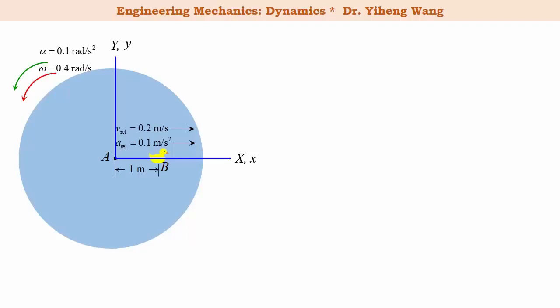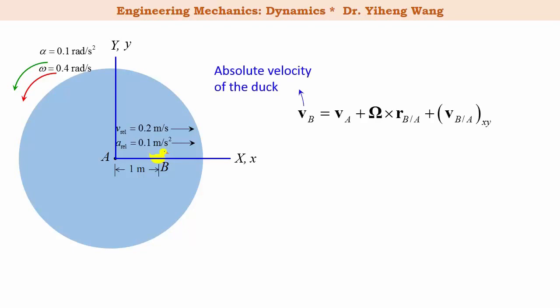You can imagine a moment later, the rotating frame will no longer be superimposing with the fixed frame. Since this problem is very straightforward, we are asked to determine the absolute velocity of the duck. We will use this equation directly. In this equation, VB is the absolute velocity of the duck.